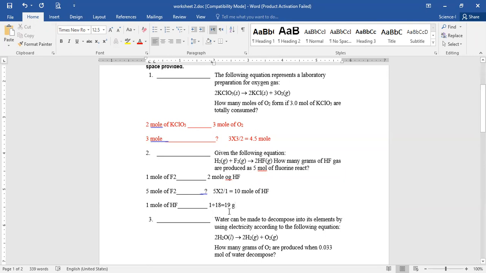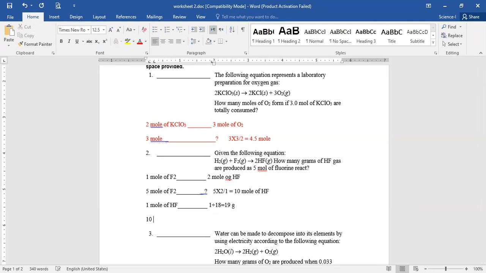How many moles do we have? We have 10 moles. So 10 moles of hydrogen fluoride will be 10 multiplied by the mass per mole, divided by 1, so it equals 190 grams.